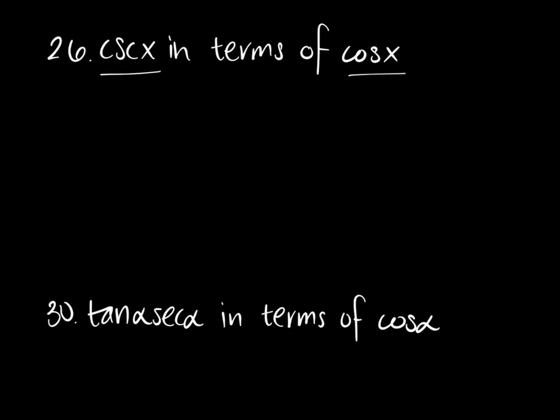So first thing I'm going to do is copy down cosecant x, and I'm going to think, okay, well, what can I use to make this simple? Well, first, a big step usually that's pretty simple is to convert to sines and cosines. So I'm going to use reciprocal identity to change this to 1 over sine x.